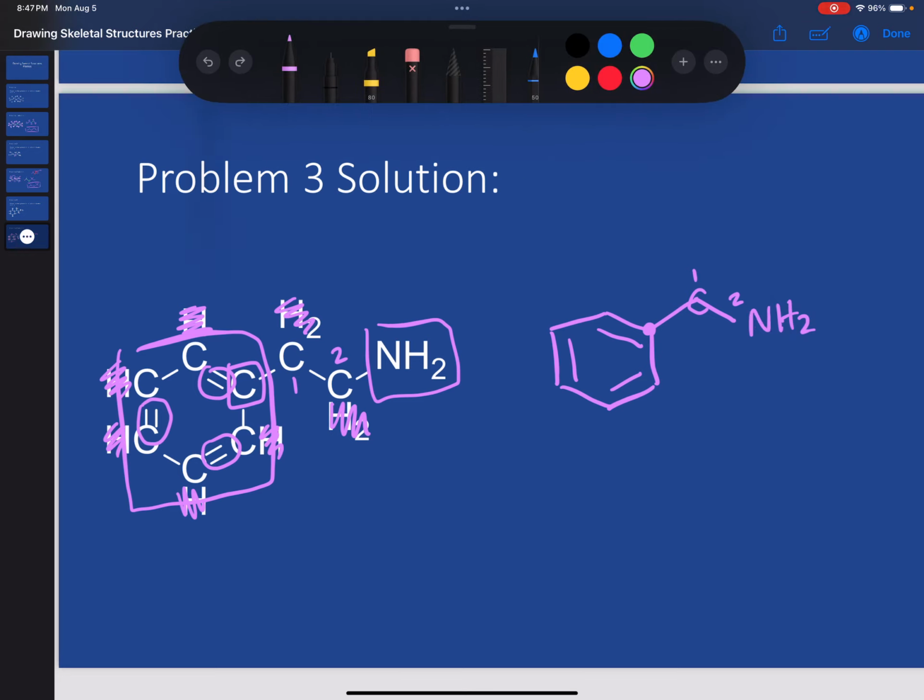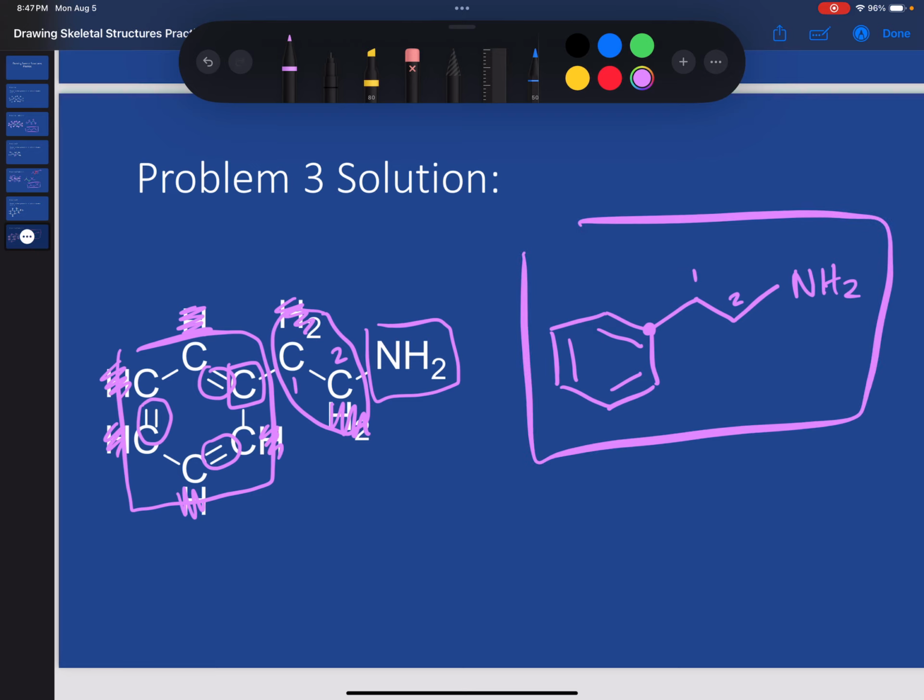Instead of just automatically writing the NH2, you're going to draw the bond to that nitrogen and then write your NH2. So now we have our 2 carbons coming off the benzene ring, which are here, and then we have our amine or NH2 group there. All right, so that is how we draw our skeletal structures from our Lewis structures. Yeah, so hopefully that wasn't too bad.